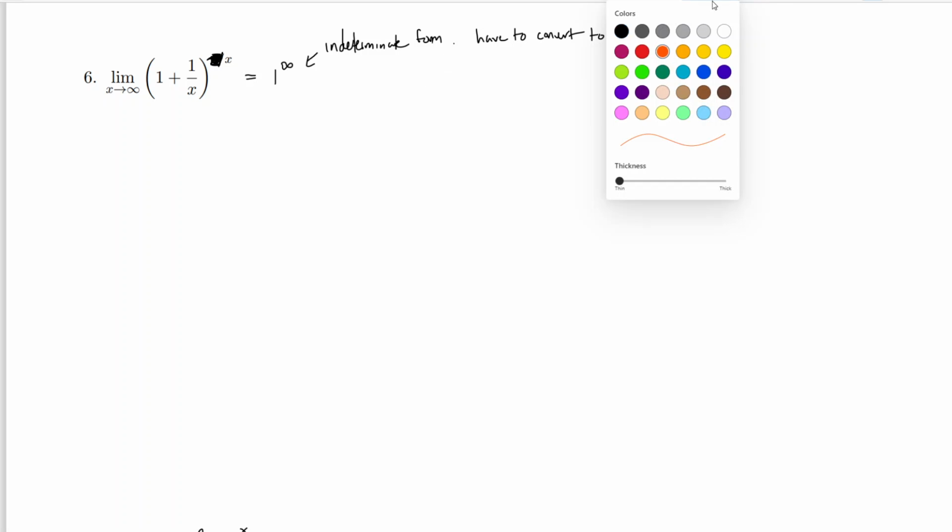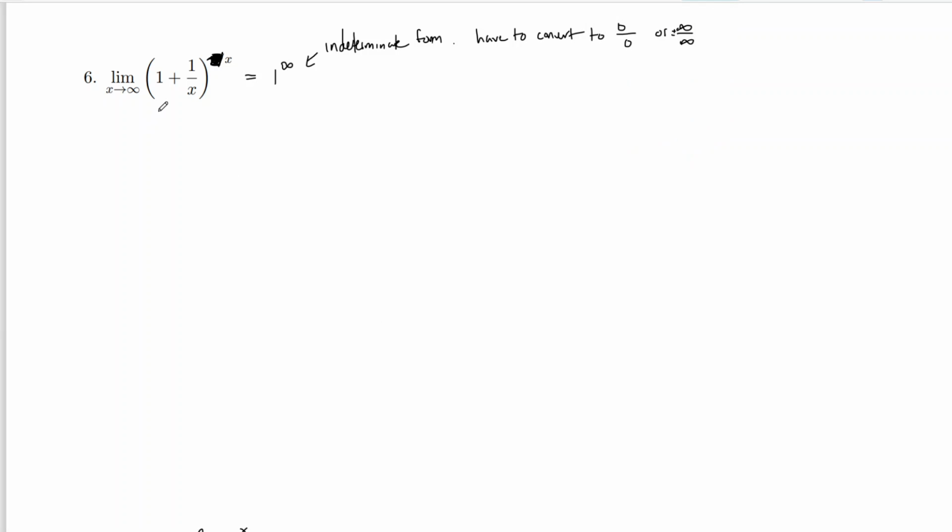Well, what's the actual way to do that? This is the way I learned it, and it's pretty much the standard way. There might be some very subtle differences, but what you do here is you set something like y equal to the thing you're taking the limit of, which is 1 plus 1 over x to the x power.